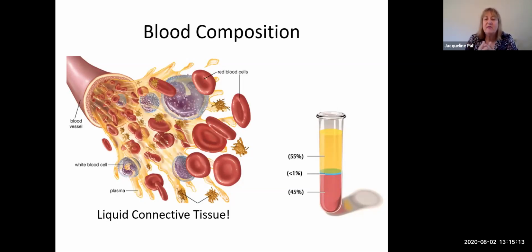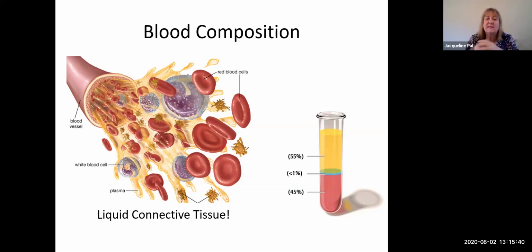And so in the average adult, 55% of blood is actually going to be this fluid component known as plasma. So plasma is the extracellular matrix. It's going to have the ground substance, which is the serum, as well as all the protein fibers, which you'll learn a lot more about later on.